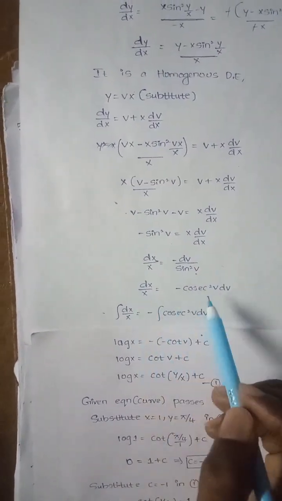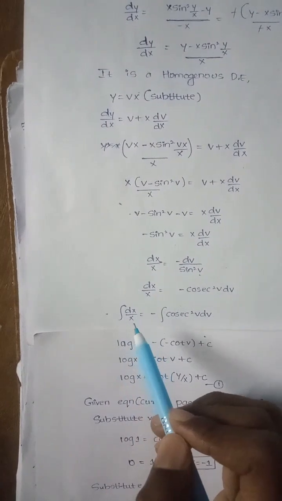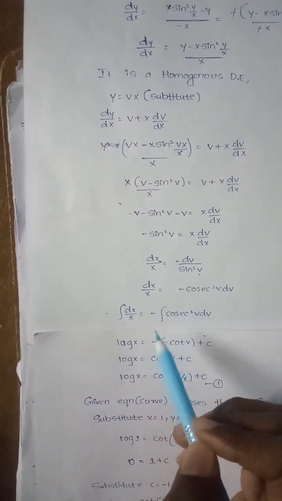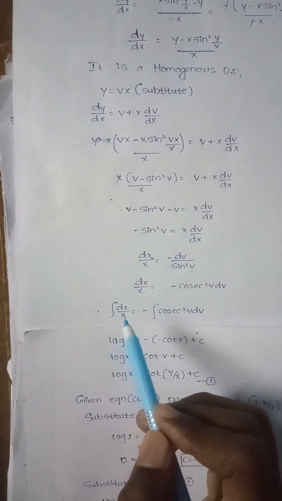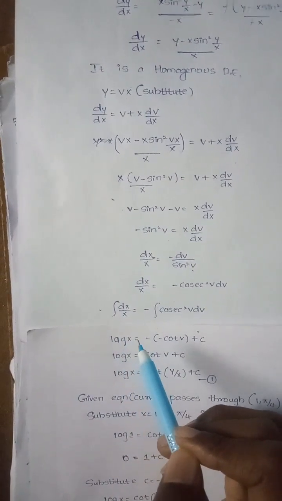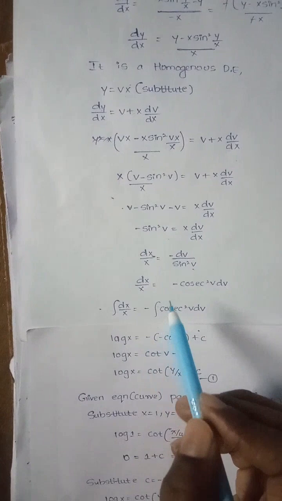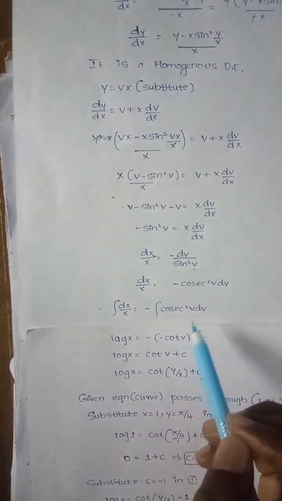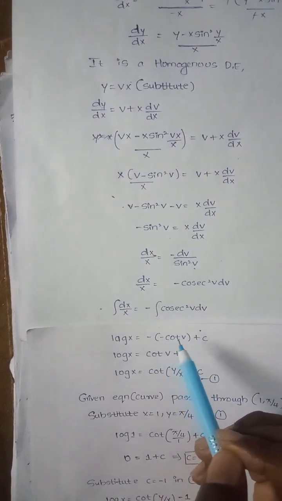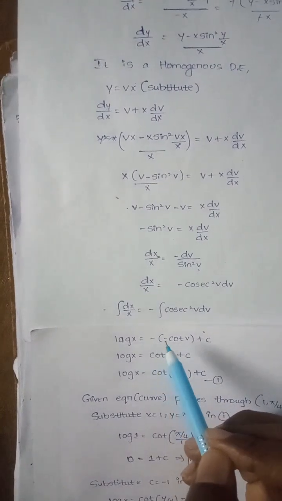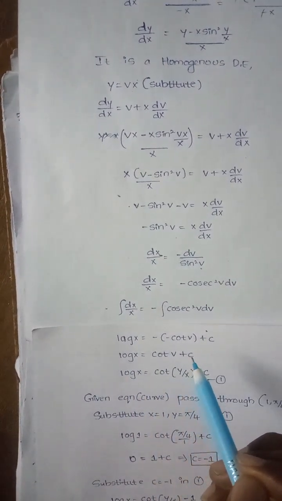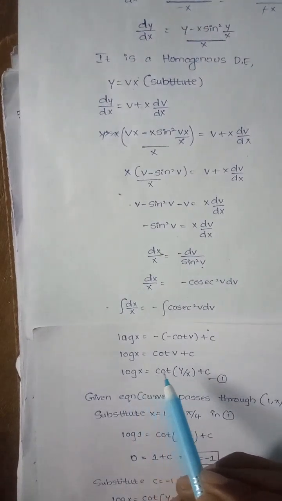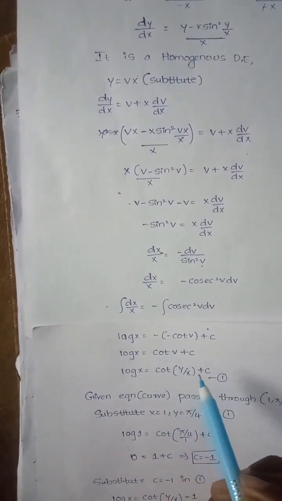Now integrating on both sides, we get integration of dx by x is equals to minus integration of cosec square v dv, and we know that integration of 1 by x dx is equals to log x, that is equals to minus integration of cosec square v dv, which is minus of minus cot v plus c. Here minus into minus is plus, that is log x equals to cot (y by x) plus c.